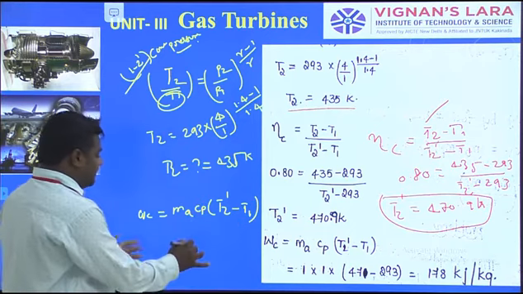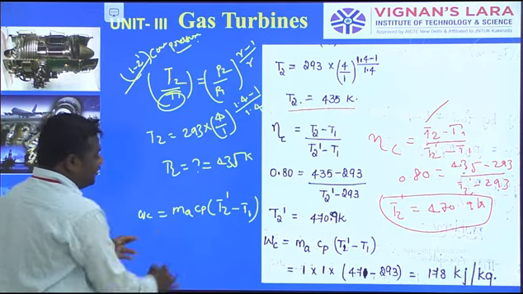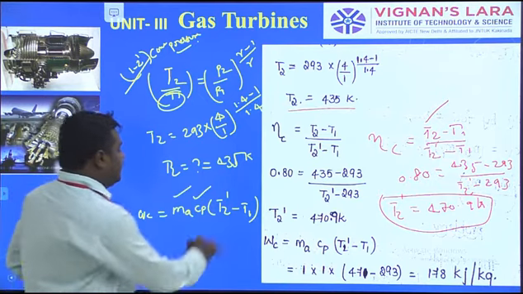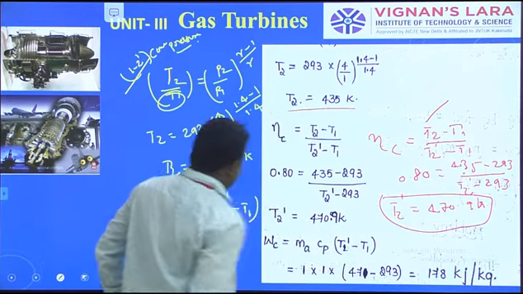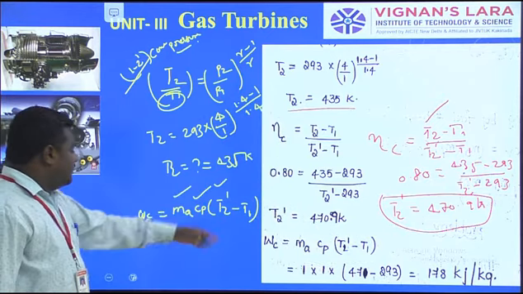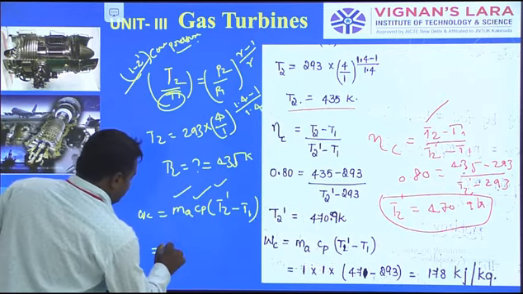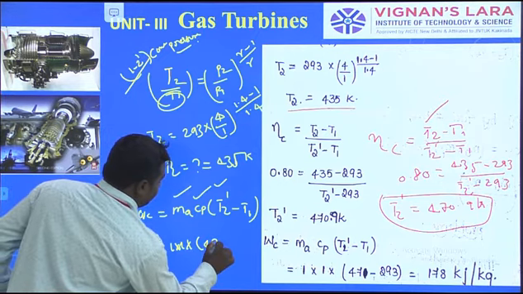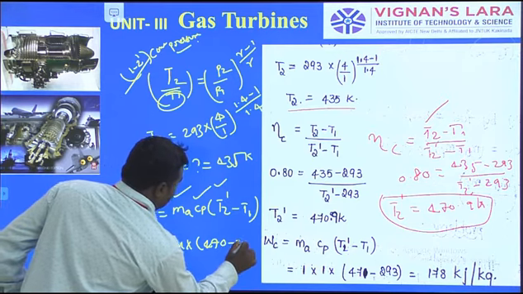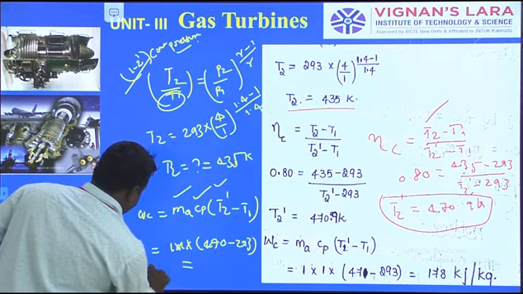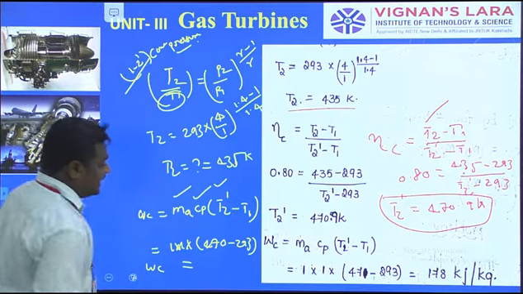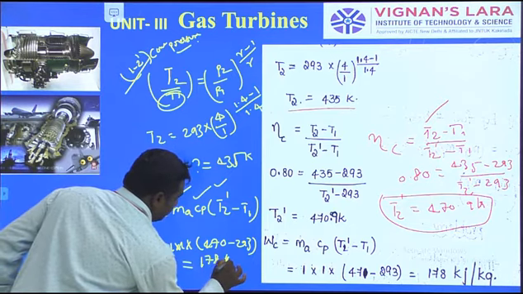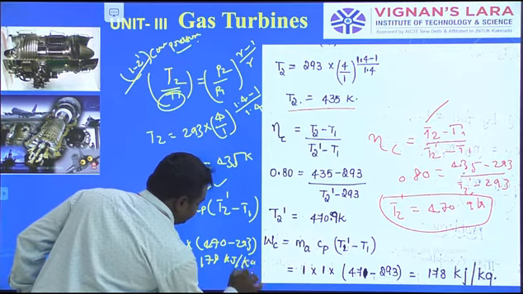So we have to substitute. The MA value we know, the Cp value we know, and the T2 dash value and T1 we already have. So finally, 1 into 470 minus 293, then we get the work done for the compressor, that is 178 kilojoule per kg.